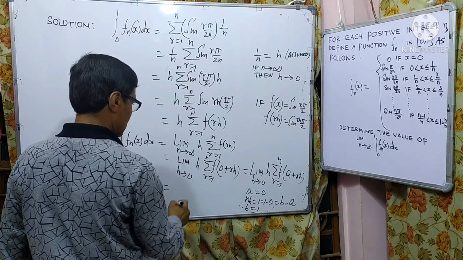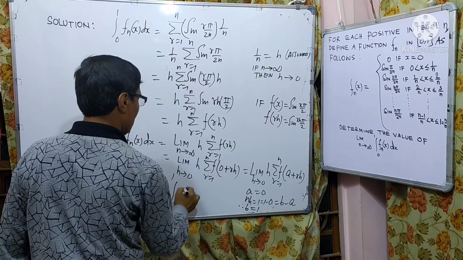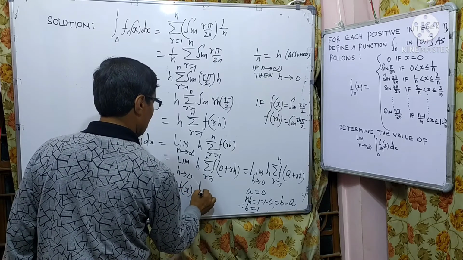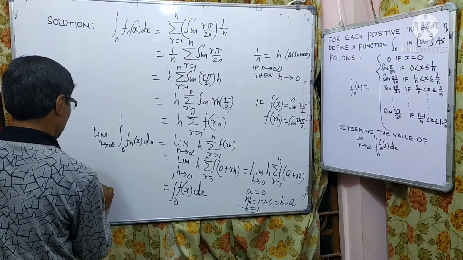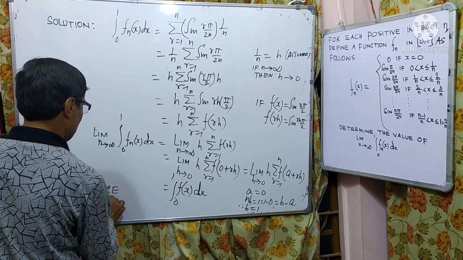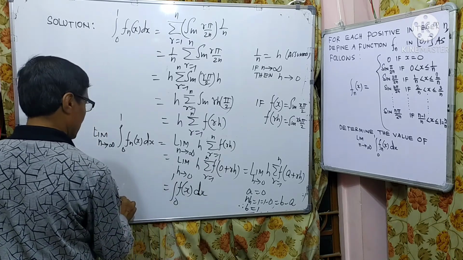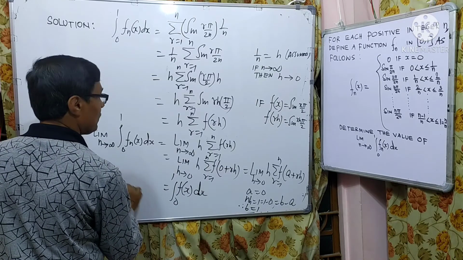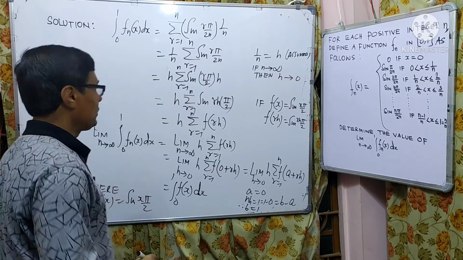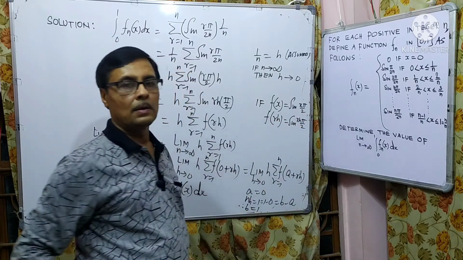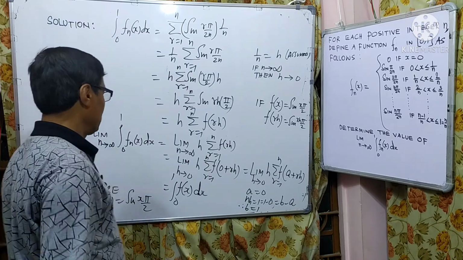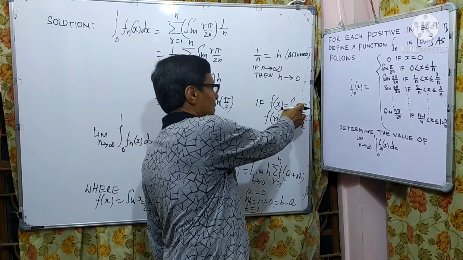This is the definite integral 0 to 1 fx dx. Here fx equal to sine x pi by 2, because f of rh equal to sine rh pi over 2, where rh is taken as x.